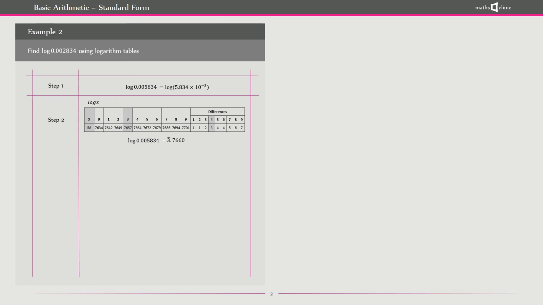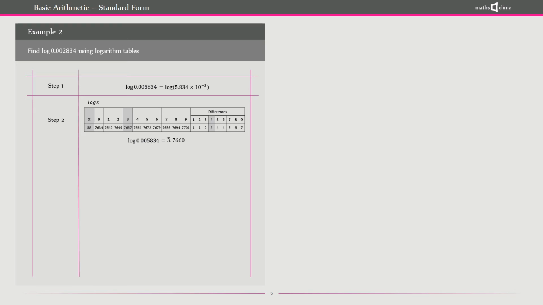I think I can go ahead and say that the log of 0.002834 is bar 3.7660. Bar 3 is the same as minus 3. We write it as bar 3 because it's just the whole number that's negative. It's just something very interesting we do in logarithms. It's just the whole number that's negative. 0.7660 is actually positive.